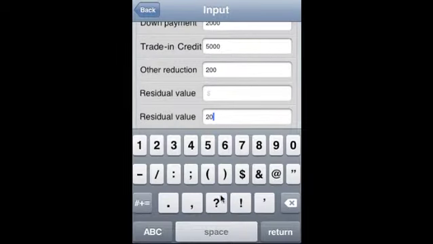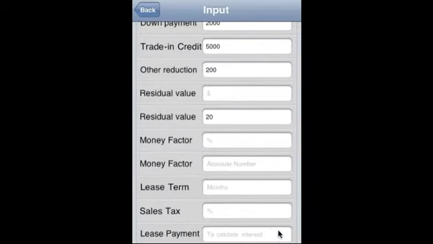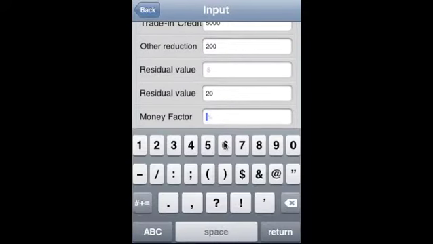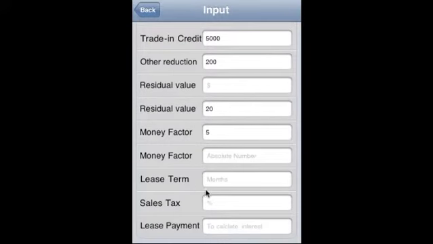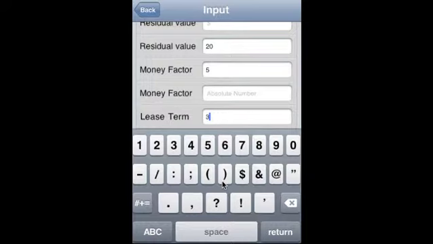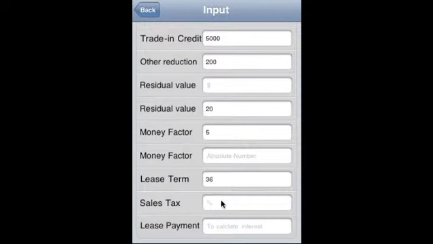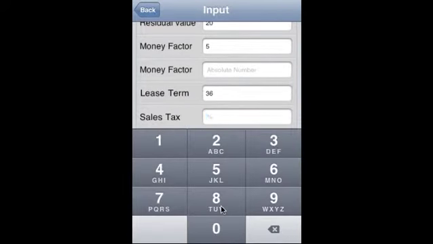Say 20% is the residual. Money factor, we can either supply the money factor or the percentage, say 5% to keep it simple. Lease term is 36 months, and sales tax is 7%.